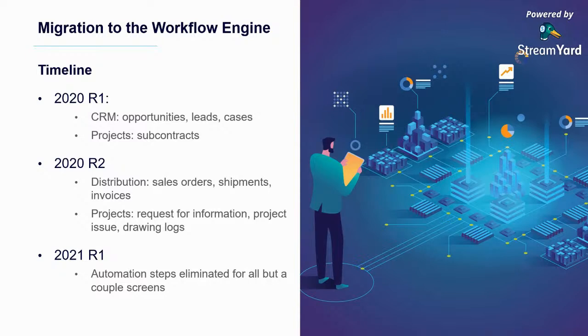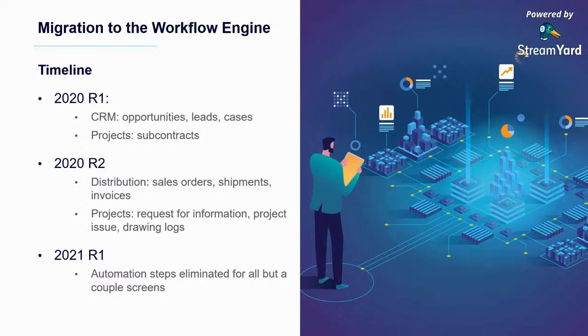I forgot one of my most important points in this migration process. Let's say that you've built out a bunch of automation steps, let's say you're in 2020 R1 and you've built automation steps for the sales order screen. You upgrade to 2020 R2.